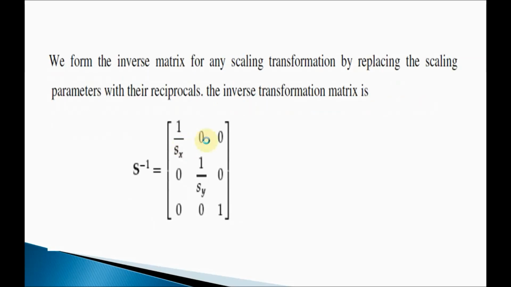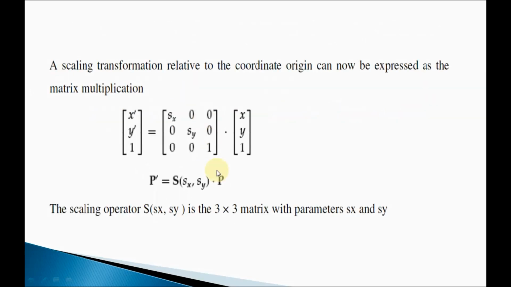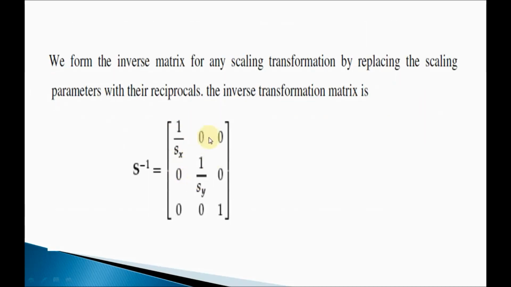So S inverse is this. Same matrix only. But for example, think that this is to increase the size. Definitely the inverse will decrease the size. Opposite. Inverse. 1 by Sx, 1 by Sy. Reciprocals you have to use.